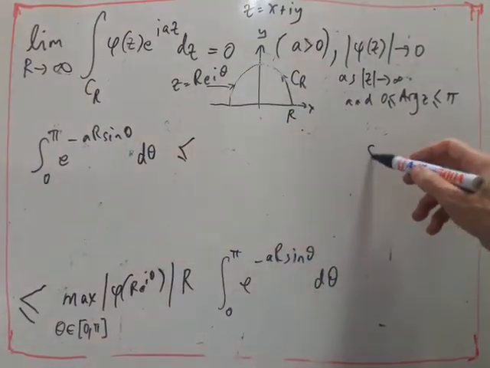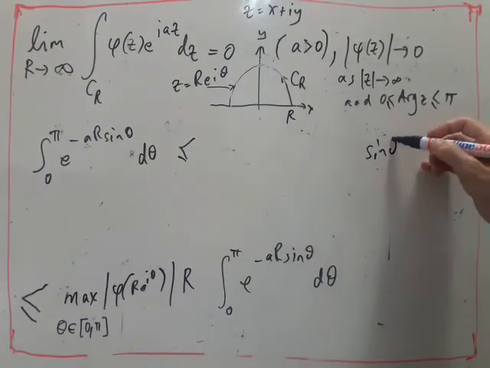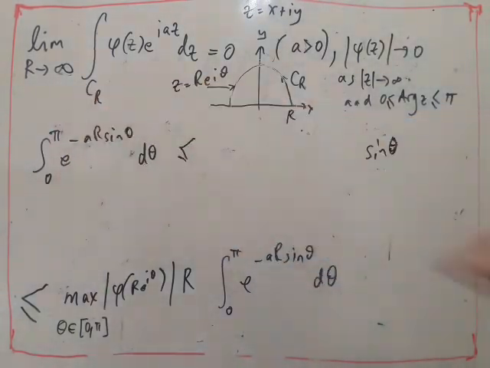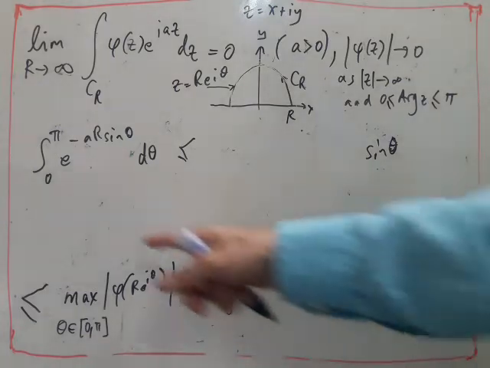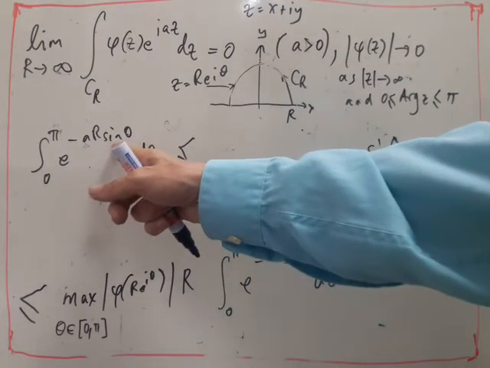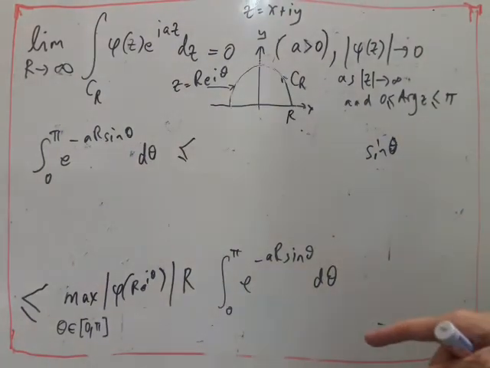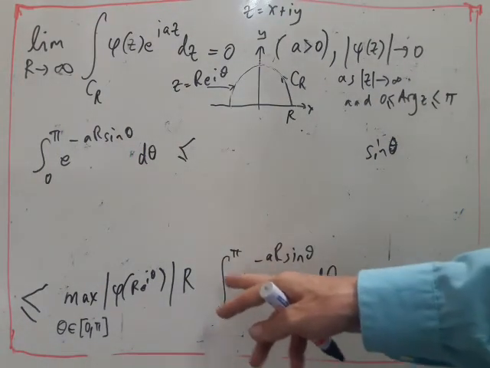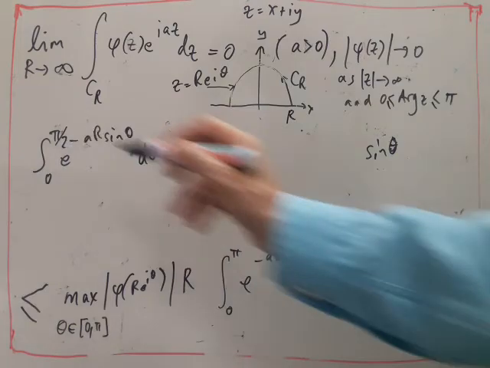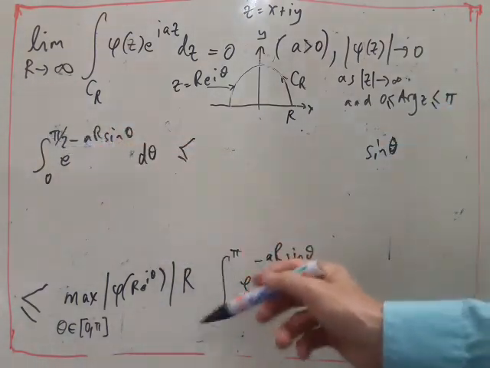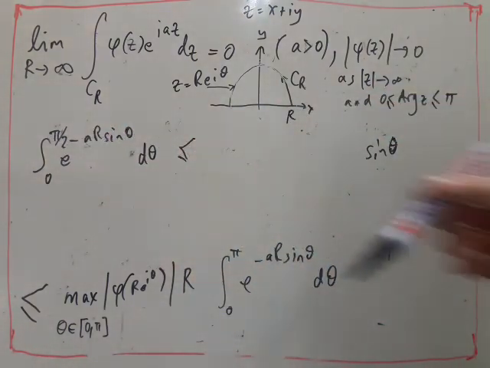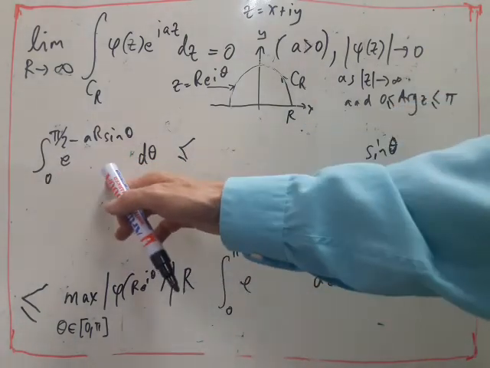So sine theta between the limits 0 and, well, the other simplification I should make, of course, is that sine theta is symmetrical about pi by 2. So actually I just need to work out the integral from 0 to pi by 2 and then double it. So that makes life easier. But still, I can't do this integral.